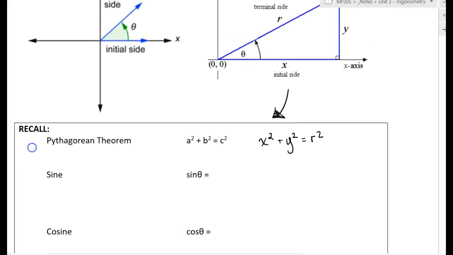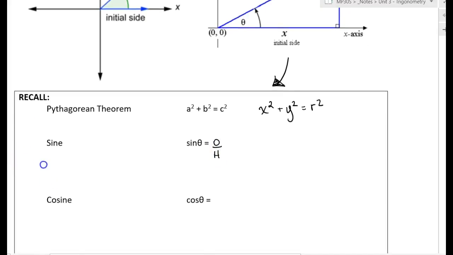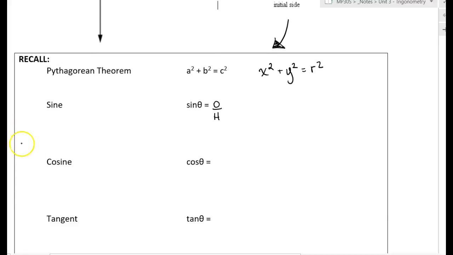Sine is typically opposite over hypotenuse. If you don't remember, remember that it is SOHCAHTOA, and that's kind of our acronym for it.